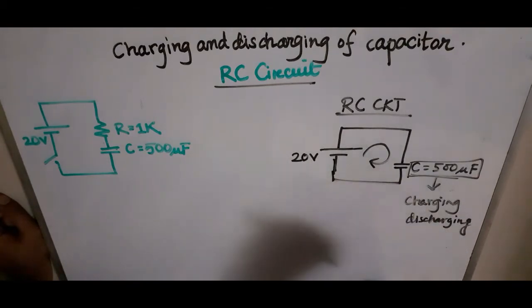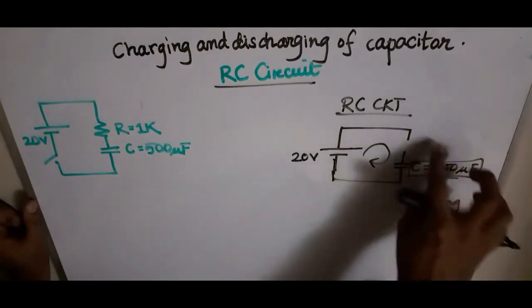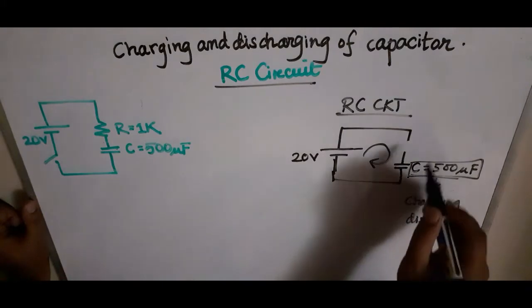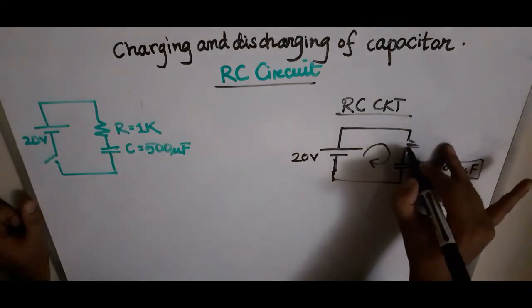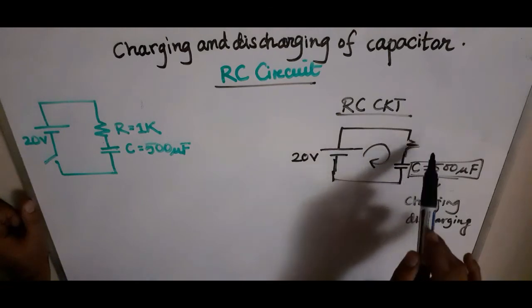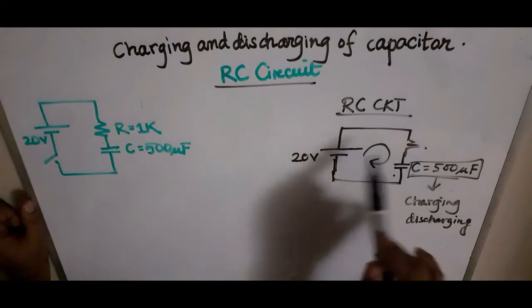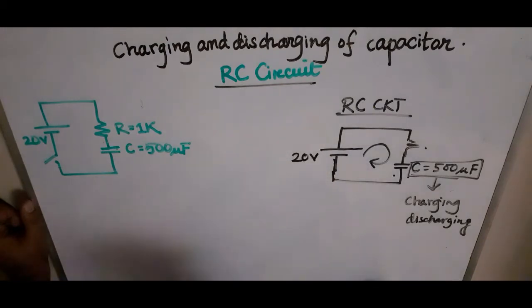We will talk about this later on, but for the time being, just remember that for current to flow through this circuit, we need another resistor. When we connect this resistor in series with this capacitor, the current starts flowing through this closed circuit.